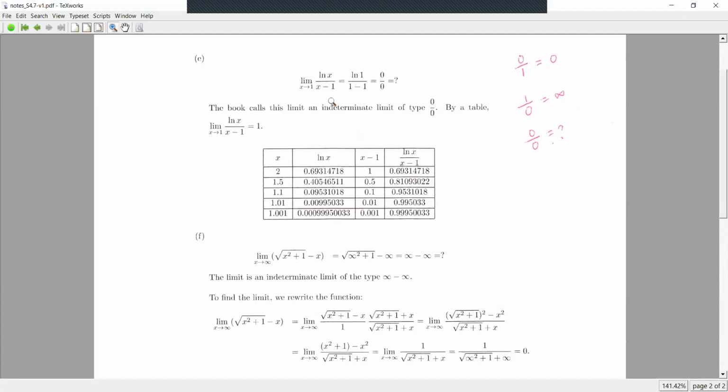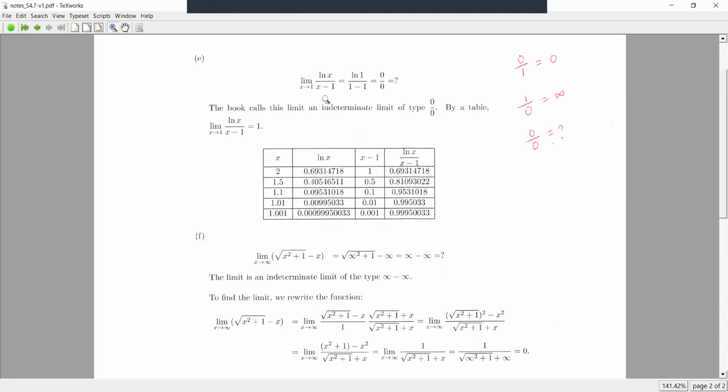Simplify the function, but this time it is difficult to simplify because natural log is not a polynomial. If it were a polynomial, then I can factor the polynomial, cancel out some factor to simplify the function. So simplifying the function doesn't work.